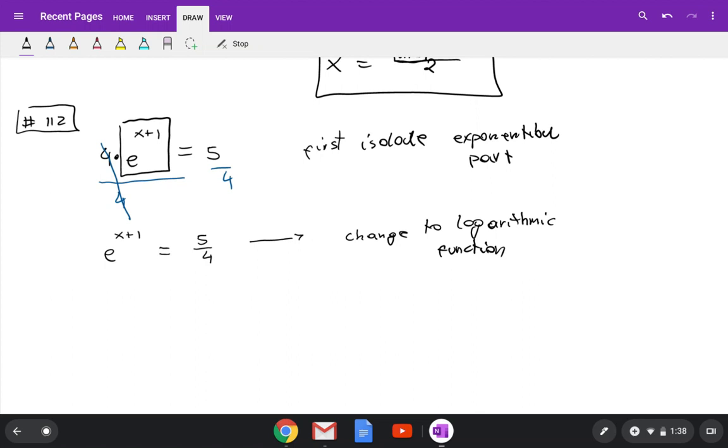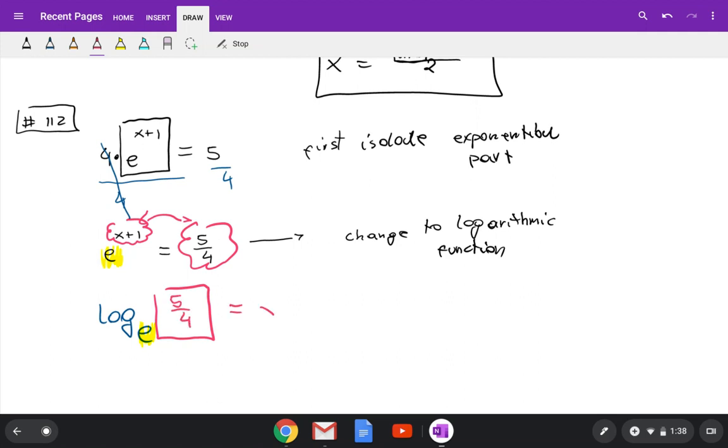So the base of my exponent is e. That means the base of my logarithmic function will also be e. And the remaining expressions will switch position when you're switching. So next to the base, it's going to be 5 over 4.